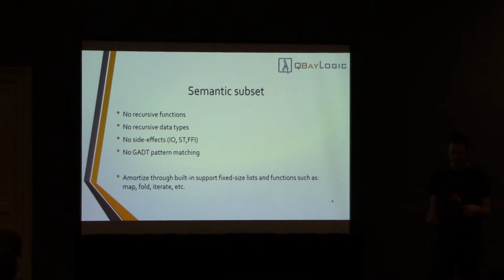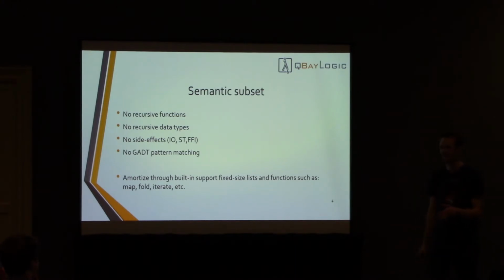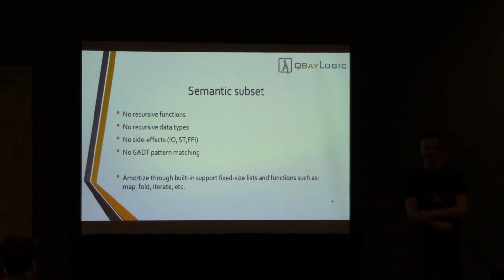So that's where the dependent Haskell comes in. And it has maps, folds, functions that you want to do over these lists. You do get them, and the compiler has built-in support. So you can still do all the things that direct recursion, the functional programmer's go-to, would do. You just use higher order functions and you'll be fine. So this is the semantic subset.